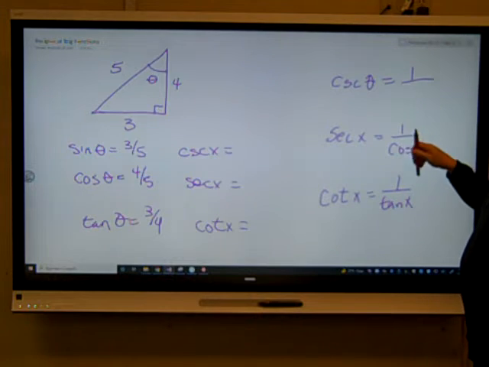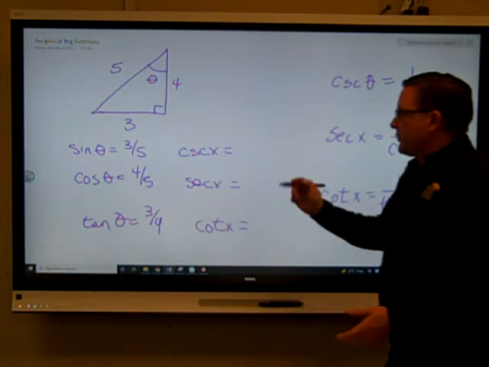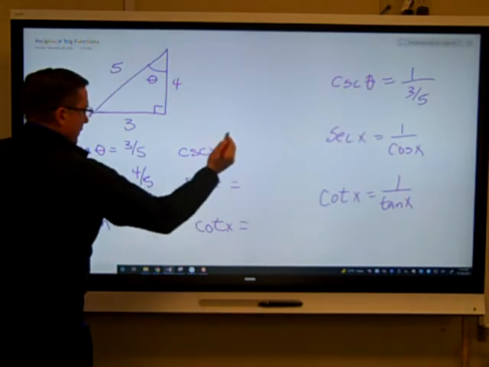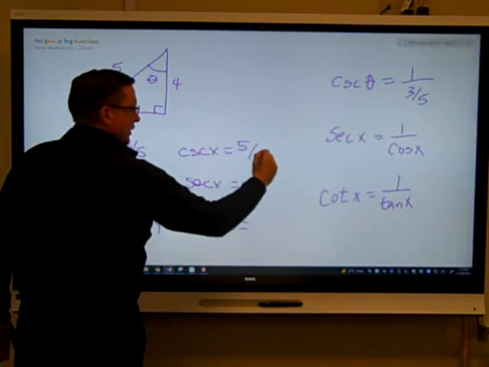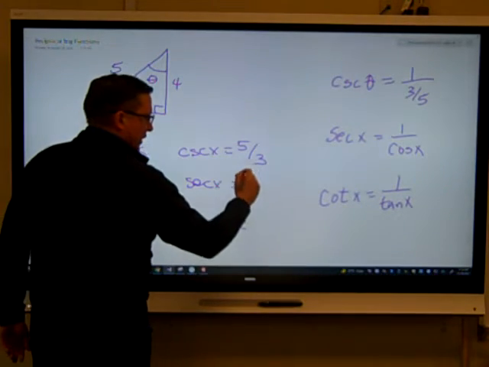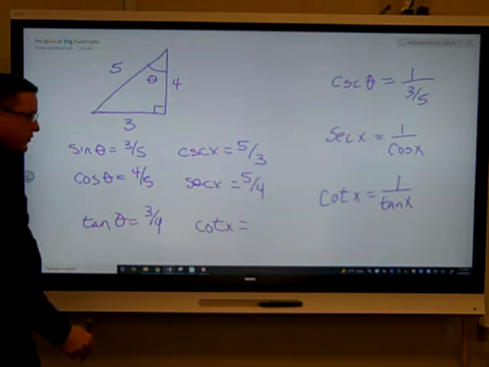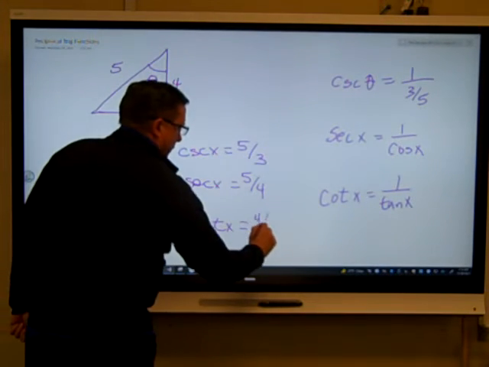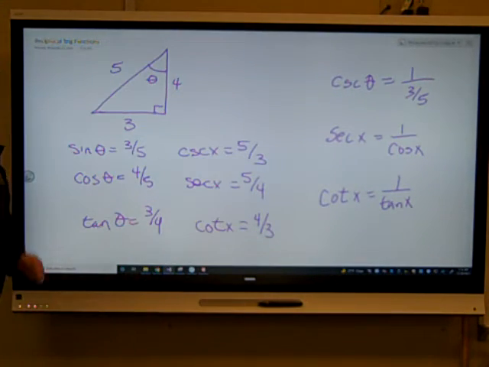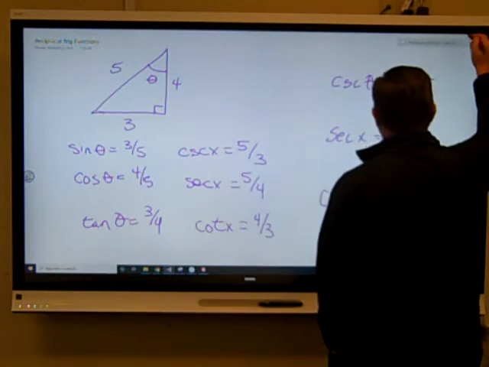Well, it's 1 over 3/5, but 1 over something is reciprocal. Guys, we don't work that hard. We just know that this is 5/3. The reciprocal of 4/5 is 5/4, and the reciprocal of 3/4 is 4/3.